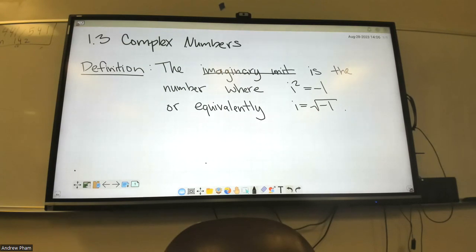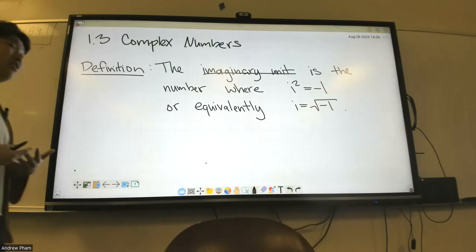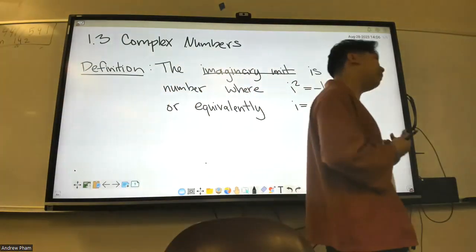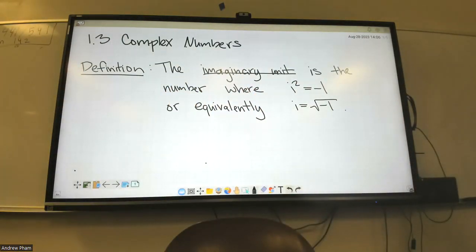If you're doing some advanced stuff in physics, for example, I believe there's some applications for quantum computing and all that other fancy stuff. But for our class, we're mainly going to talk about how do I work with the imaginary number. So the imaginary unit is the number i, where i is equal to the square root of -1.